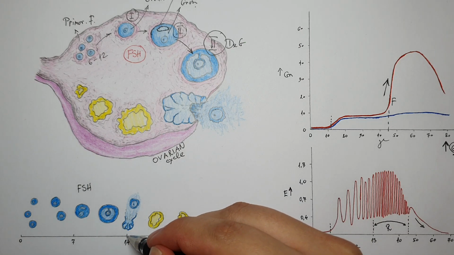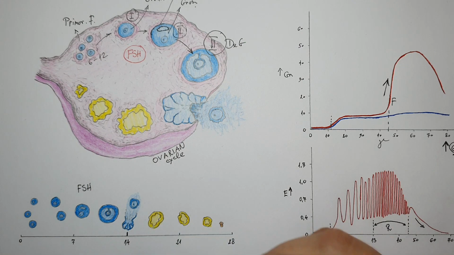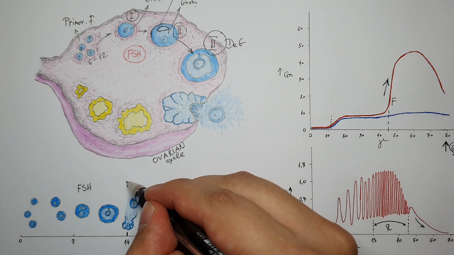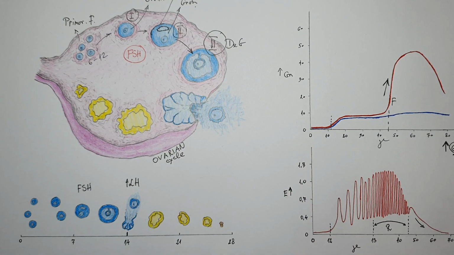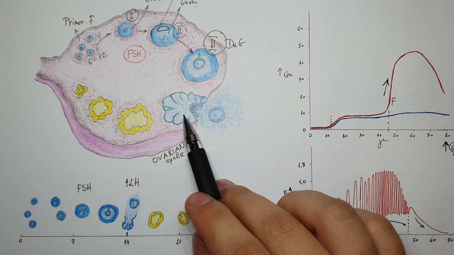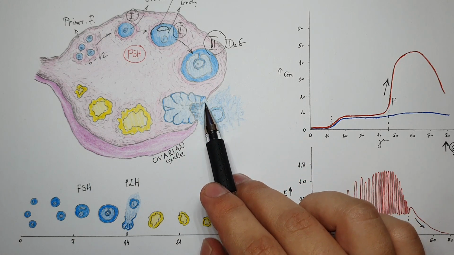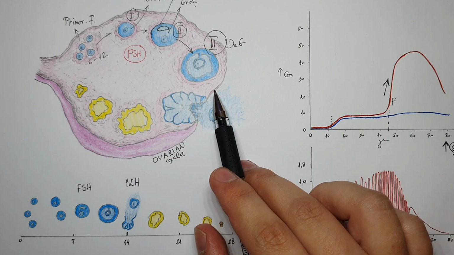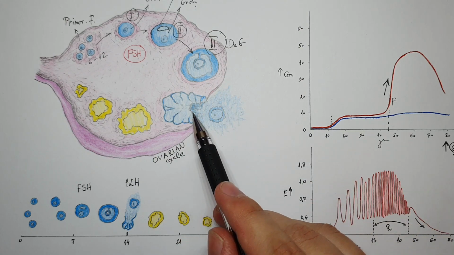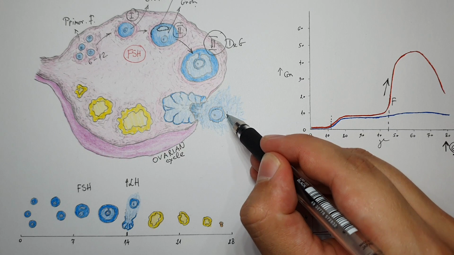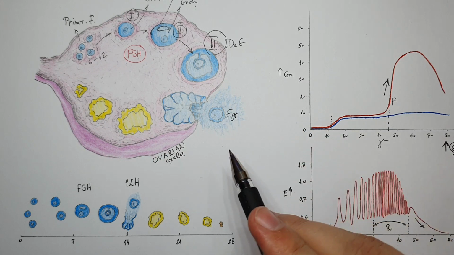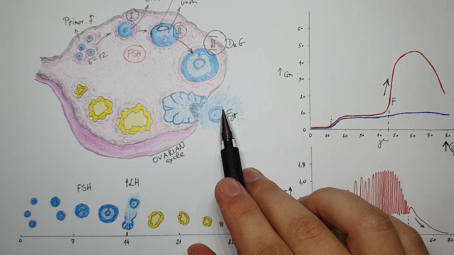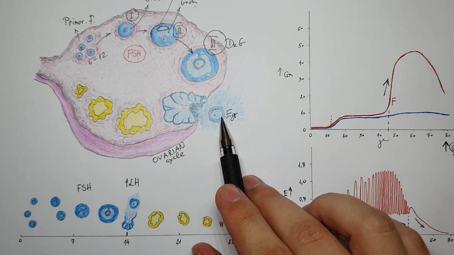Then when we come to the 14th day, there is a big spike of luteinizing hormone that actually is needed for this structure to burst, to fuse with the wall of the ovary and then burst, so that the egg bursts out with some granulosa cells around it.